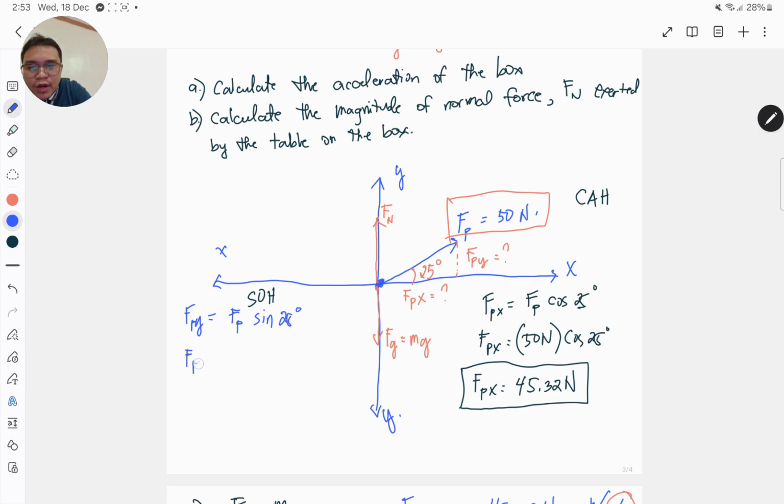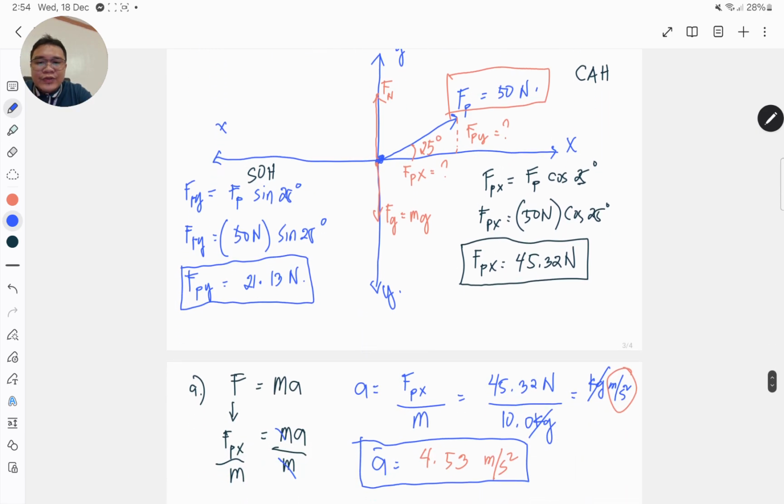So Fpy here would be equal to 50 newtons multiplied by the sine of 25 degrees. And if you plug that in your calculator, that is 50 multiplied by your sine of your 25 degrees. That is equivalent to 21.13 newtons.